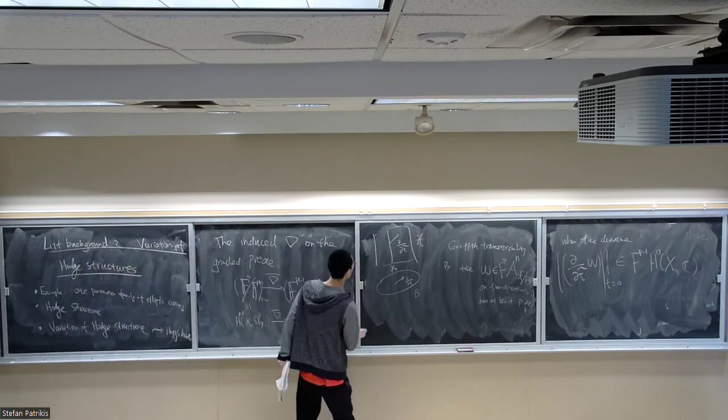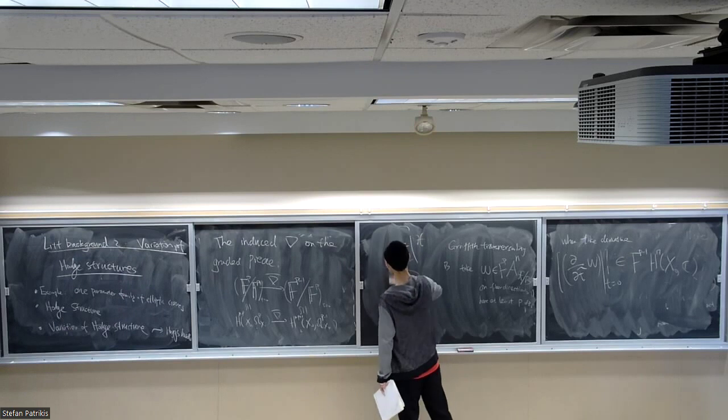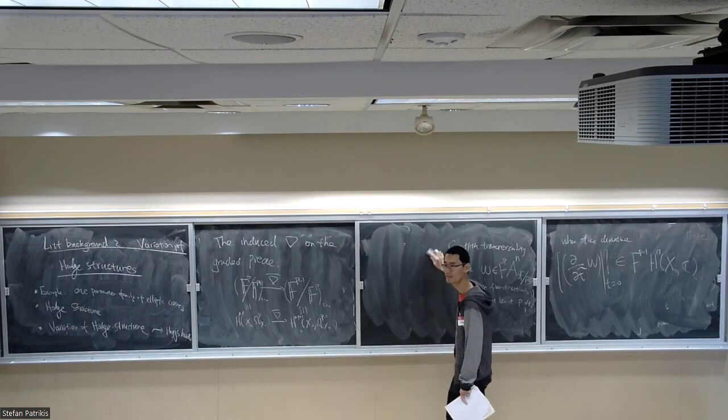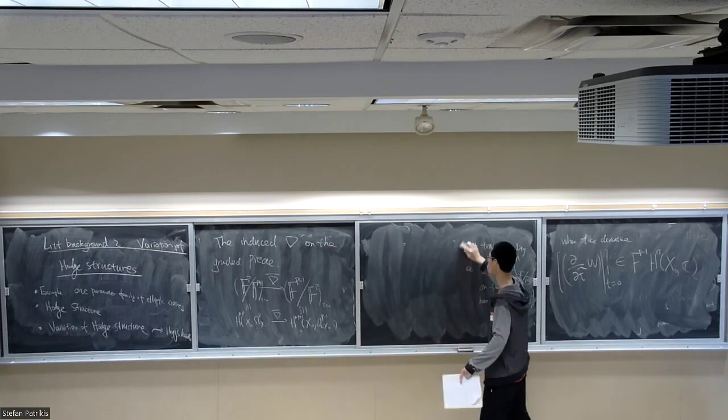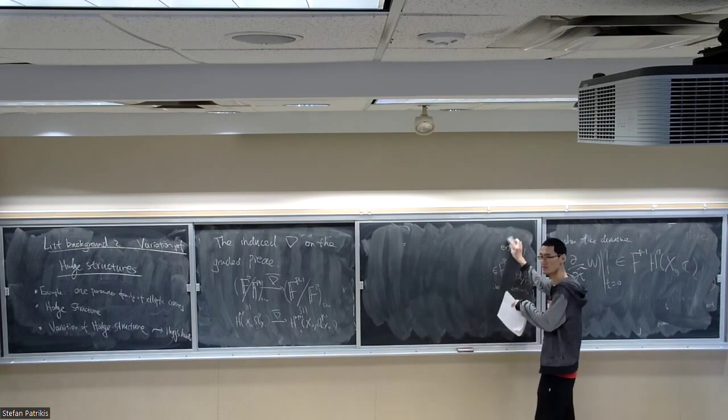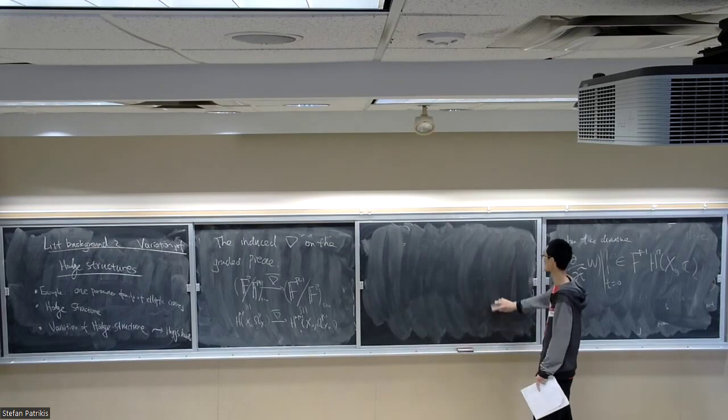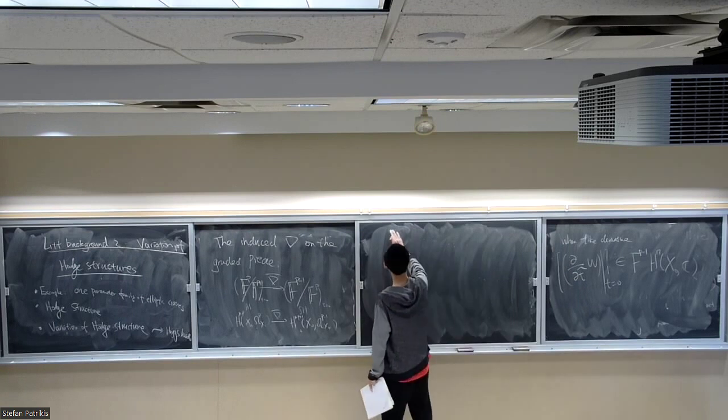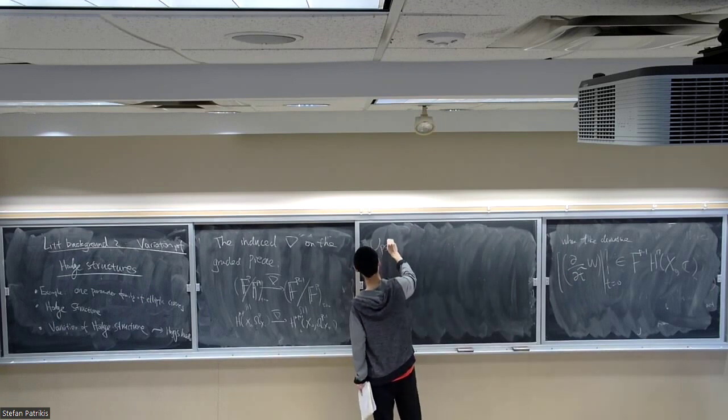This is like the method of applying the class and then pairing with your vector field. So the cup product and sort of doing the contraction kind of thing. Yeah, that's right, so that's the upshot.